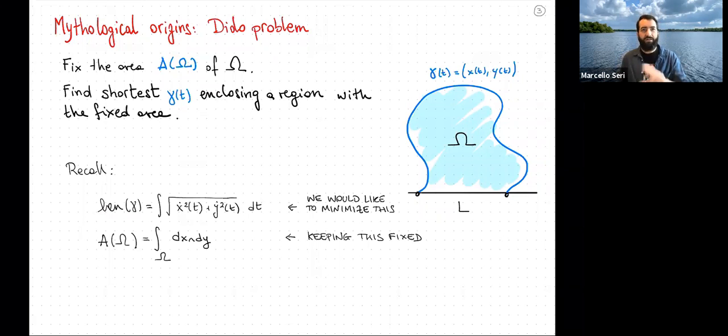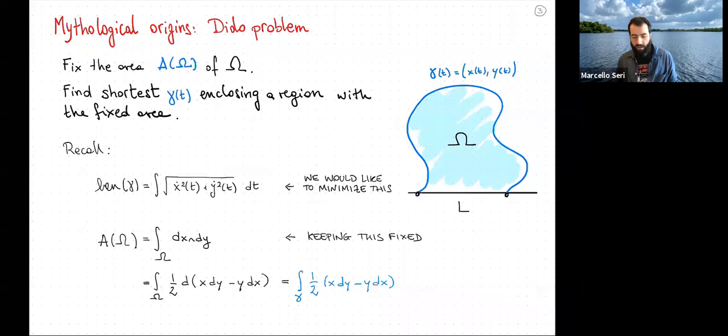Then it's basically the same problem, but you are flipping around what you're maximizing or minimizing. Is that clear? So let's think of the problem the other way around. We fix an area and we want to find the shortest curve that can give us that area.